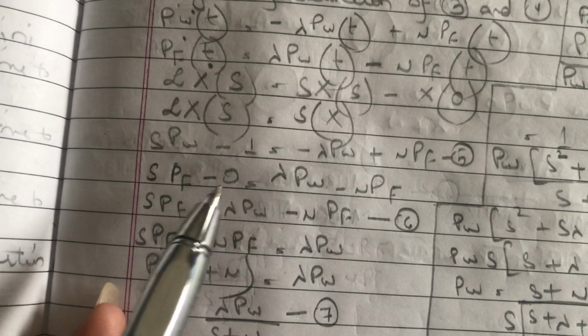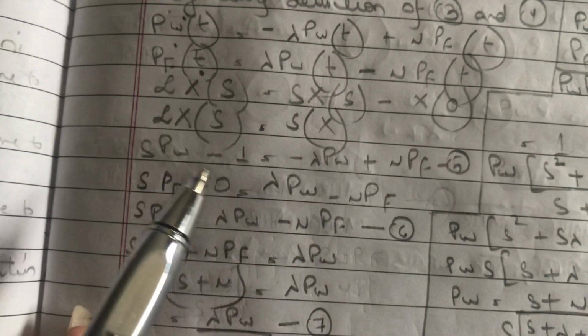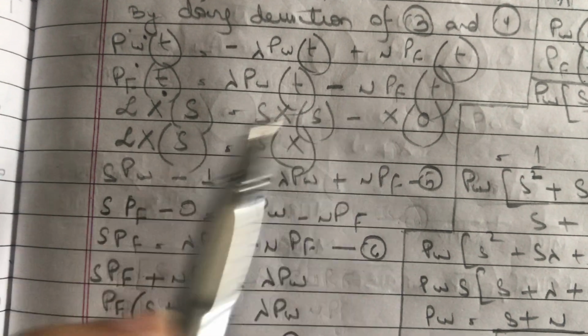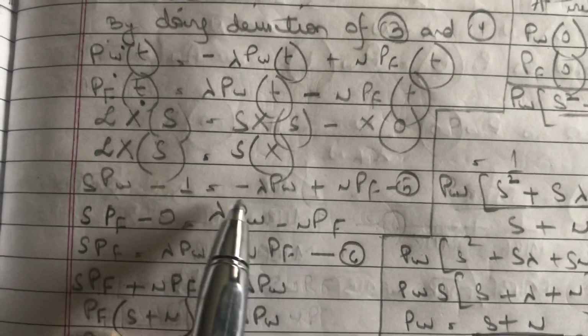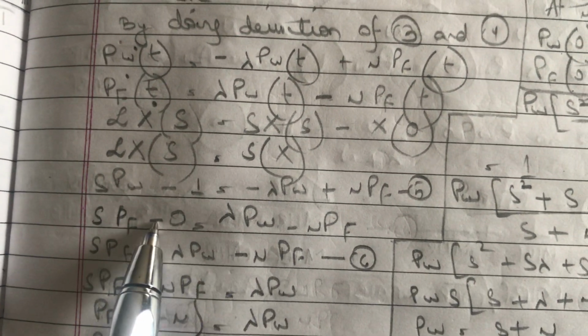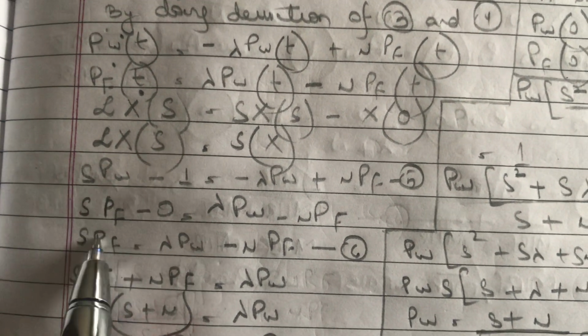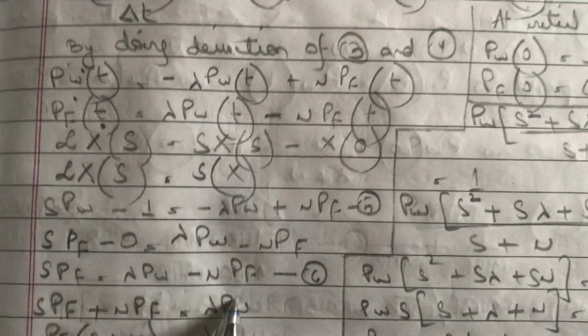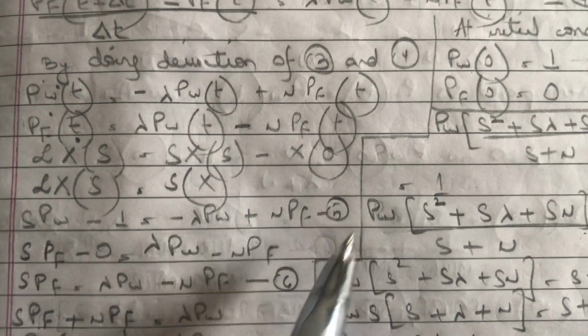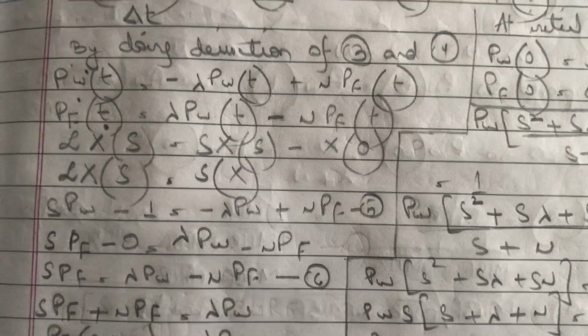So we keep 0 here. So x of 0 is 0 and the rest, lambda pw and minus mu pf, remains the same. This 0 is neglected and these terms come here, and we name it as equation 6. Got it? The upper one was 5 and now we have equation 6.